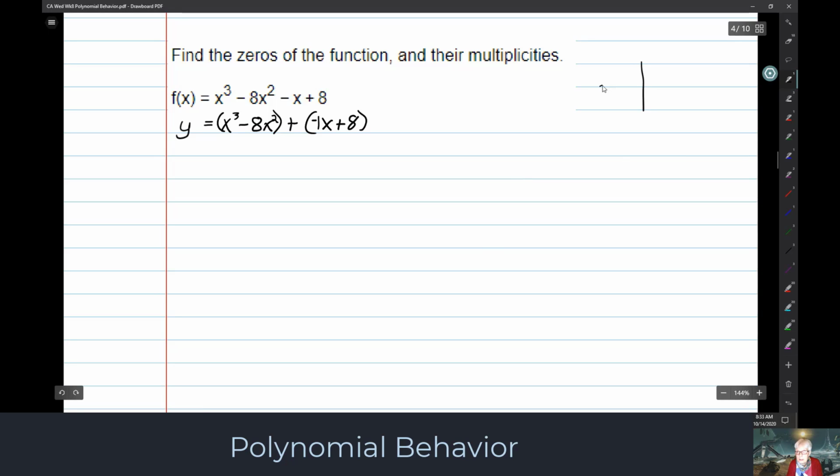And the zeros live on the x-axis, where y equals 0 all the time.